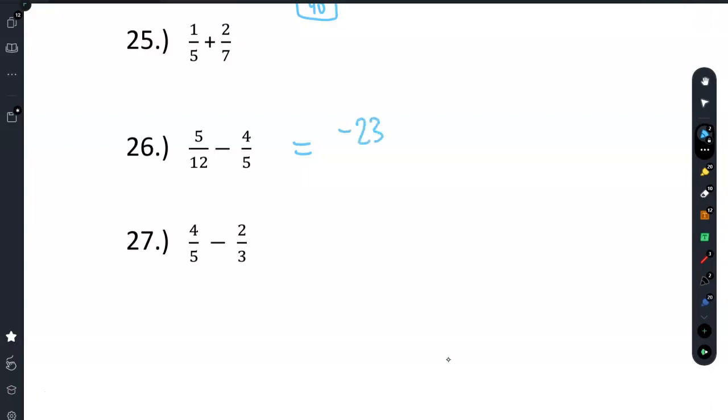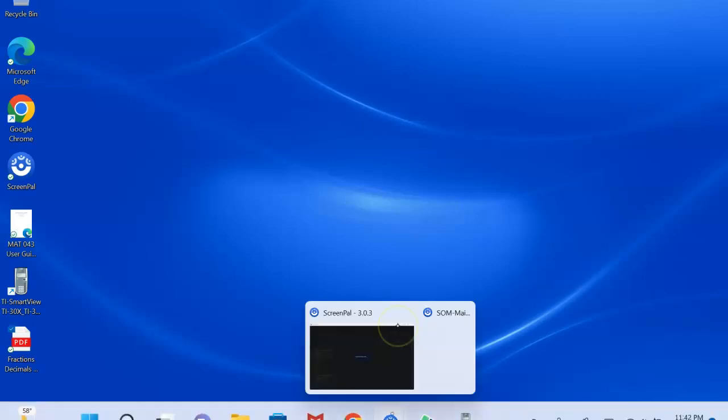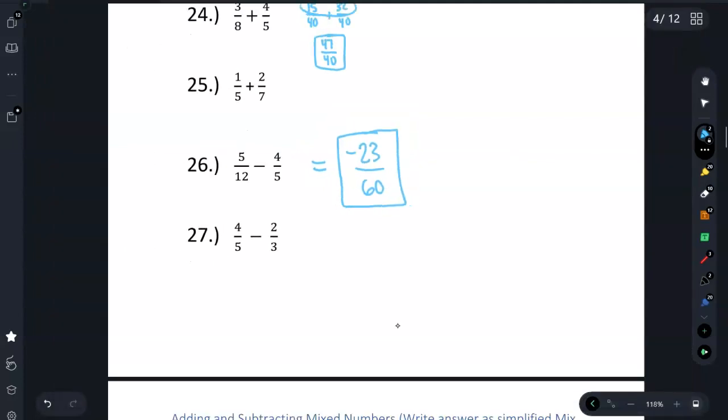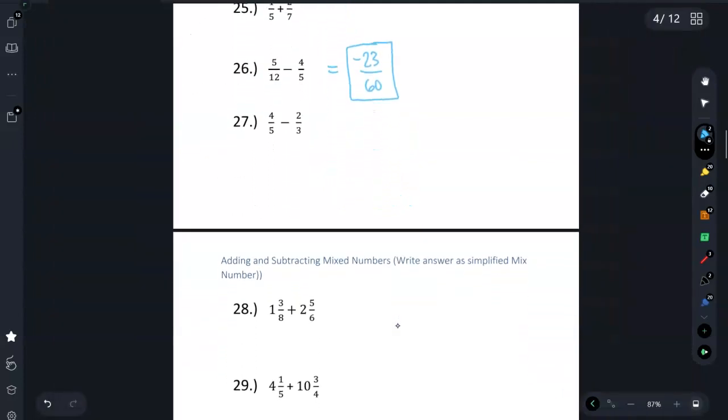Negative 23 over 60. And one thing the calculator is also always going to do is give you the simplified version as your answer. So you don't have to worry about simplifying it if it's from a fraction. Sorry, y'all. All right, so 27, I'll let y'all do.